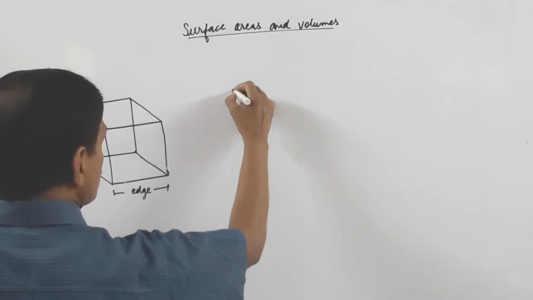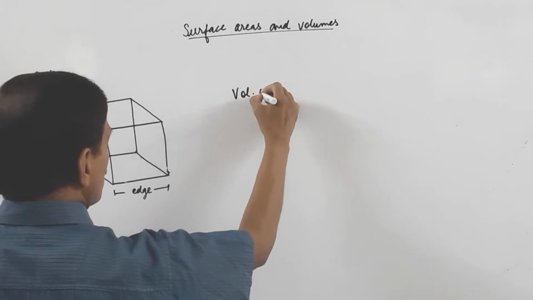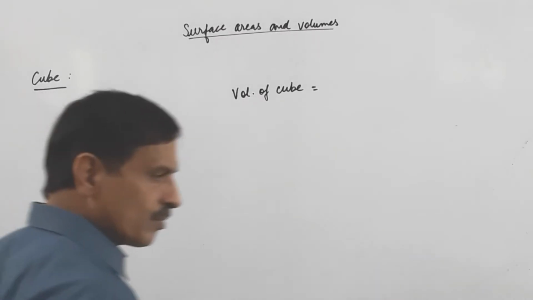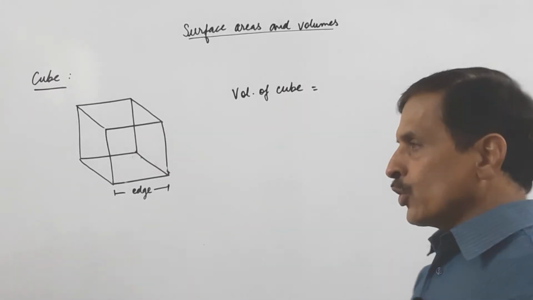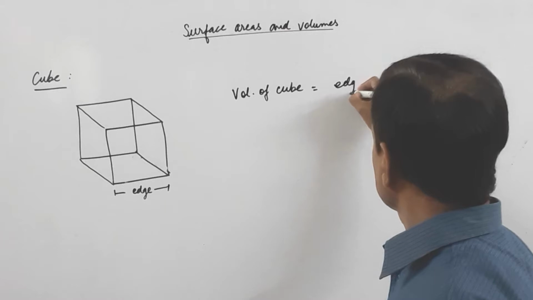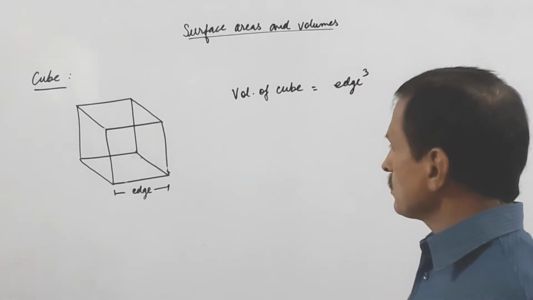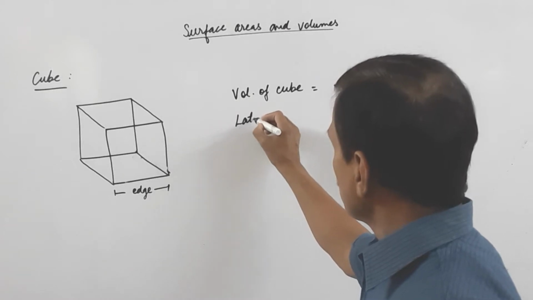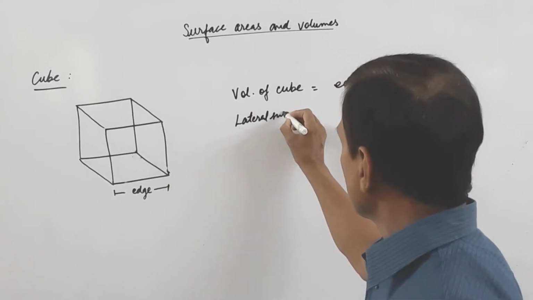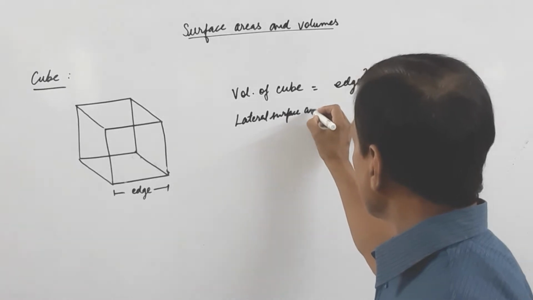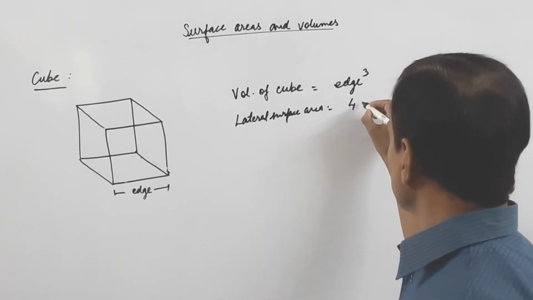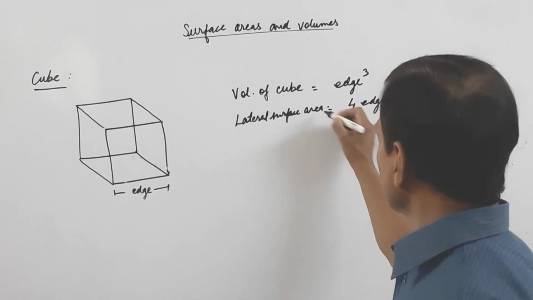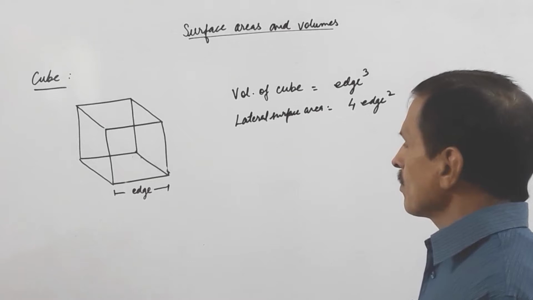So volume of cube is equal to edge cube. Lateral surface area is equal to 4 times of edge square, because each face is a square.